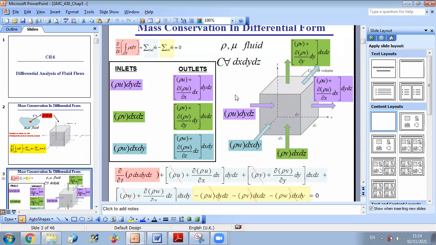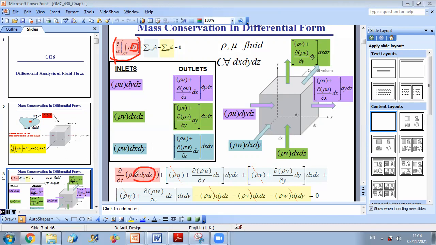So now once you have the expression of all your inlets and all your outlets, mass flow rates, you can replace back into conservation of mass. Okay? And conservation of mass states that the variation with time of mass in the control volume, and in this expression, you can replace dv by dx times dy times dz.